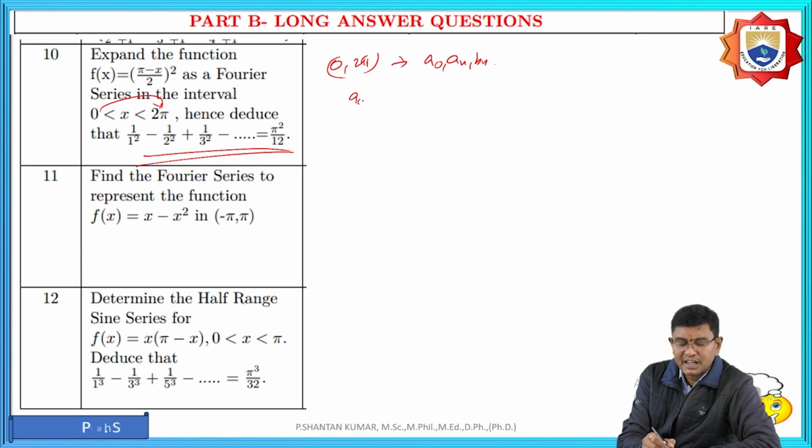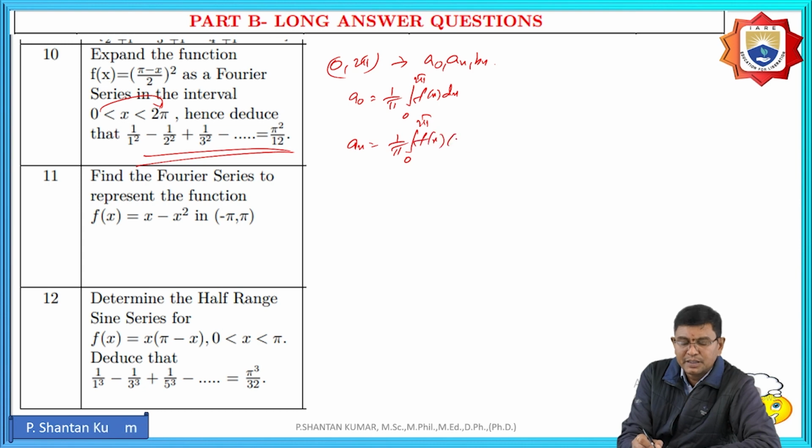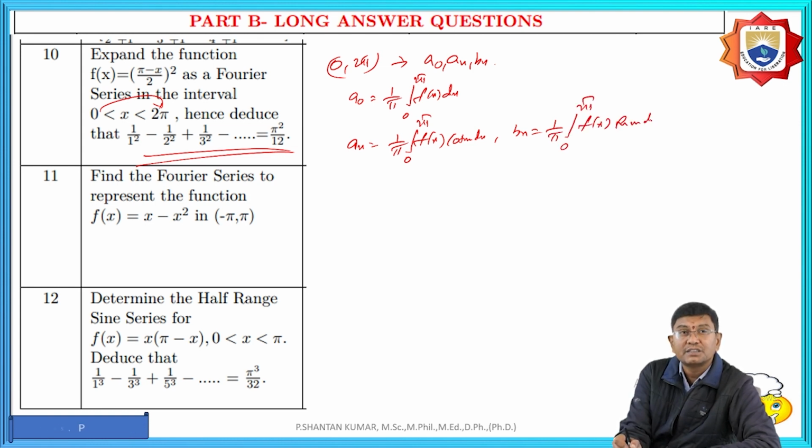Here the formula for a naught is 1 by pi integration 0 to 2 pi f of x dx, an is 1 by pi integration 0 to 2 pi f of x into cos nx dx, and bn is 1 by pi integration 0 to 2 pi f of x into sin nx dx.